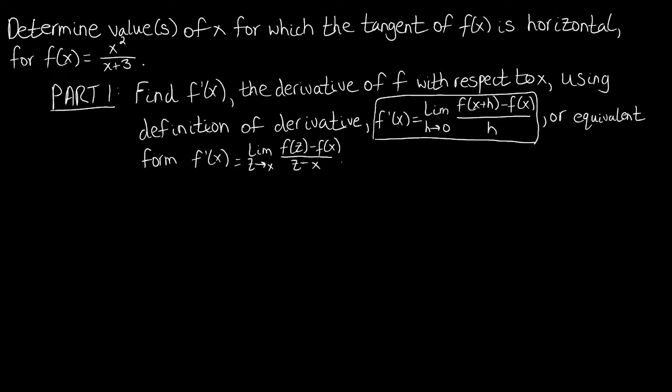But first we're going to find the derivative in its general sense, so find the derivative of this function as a whole, and then find out what happens when we set the derivative equal to 0, because the derivative is our slope. Then we're going to solve for x values that make that statement true, that make our derivative equal to 0.